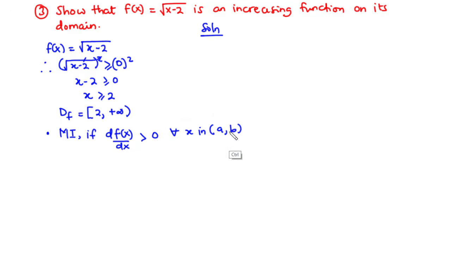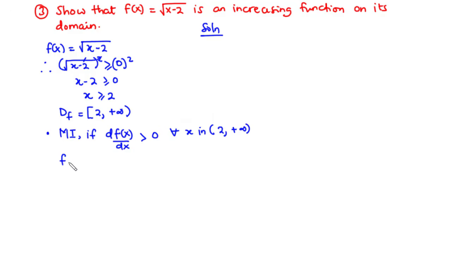Now in this case, we have the open interval going to be (2, positive infinity). So what we mean to say is that this function is an increasing function if the first derivative of the function is greater than 0 for all x in this open interval. So first of all, let's try to find the derivative of this function.